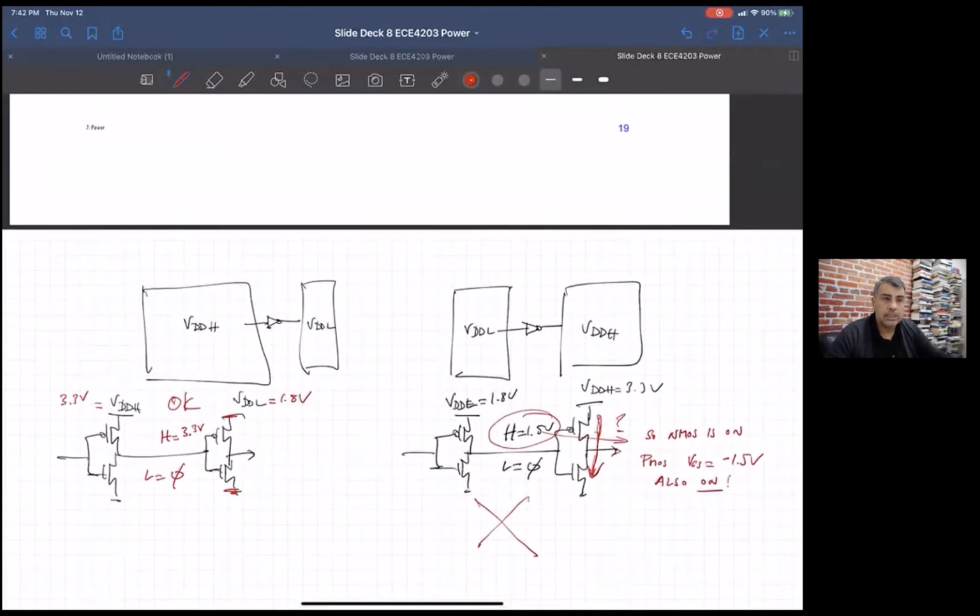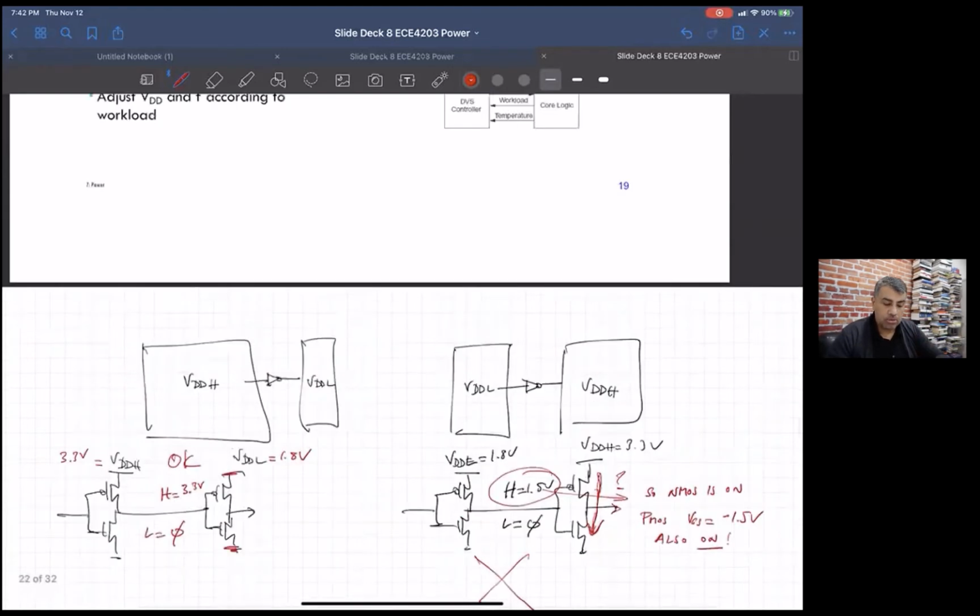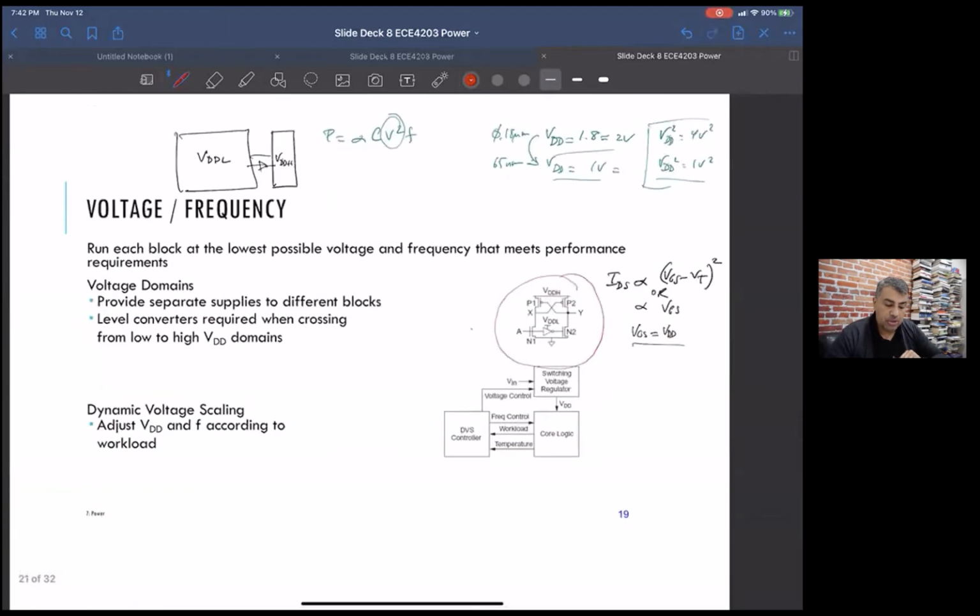In a billion-transistor circuit, you have lots of signals going back and forth between high voltage and low voltage domains. And if you get any of them wrong, your chip won't work. So you have to make sure you have these level shifter circuits.